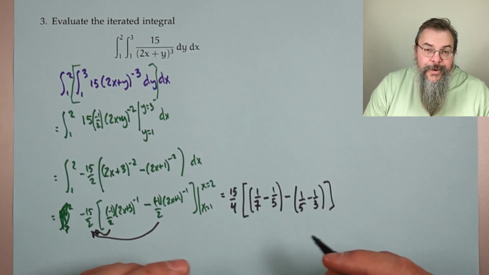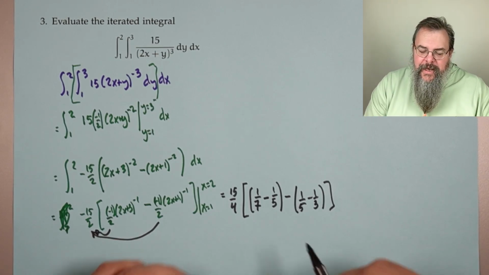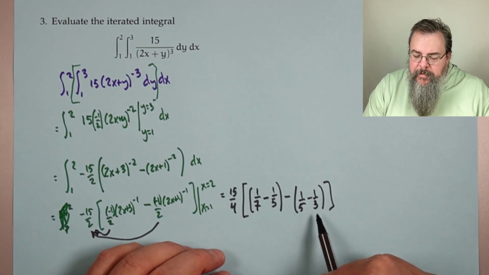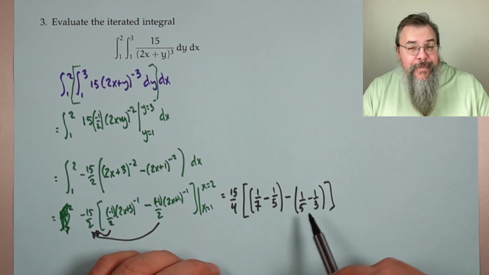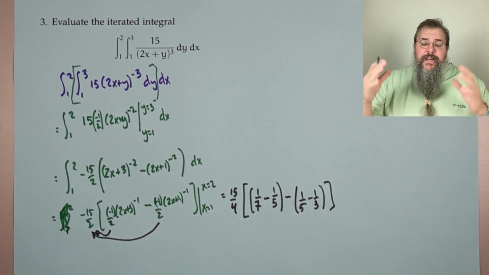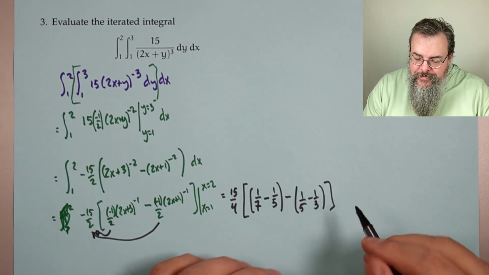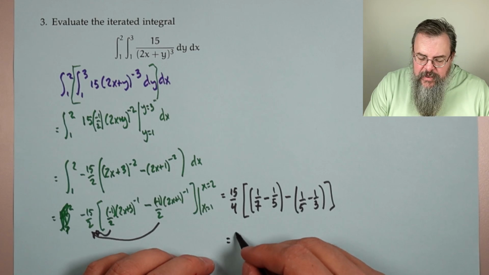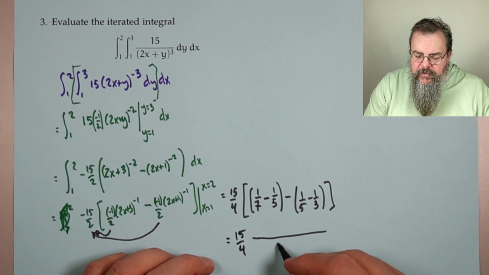Okay, well, let's get down to a single term. If we want a common denominator, we need something that's divisible by 7 and by 5 and by 3. If you multiply 7 times 5 times 3, you get 105. So we can say this is 15 over 4 times something over 105.